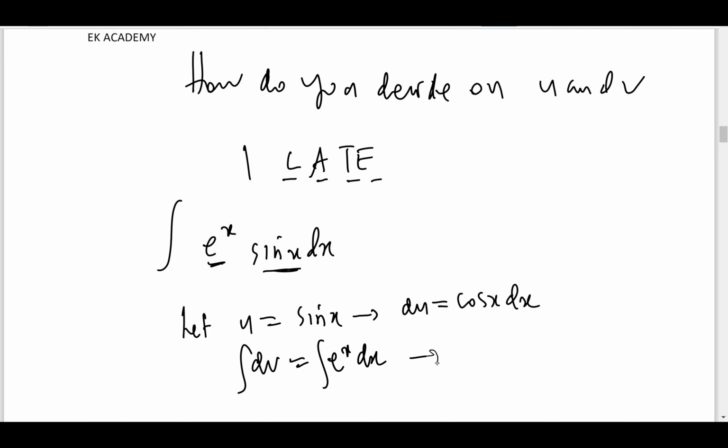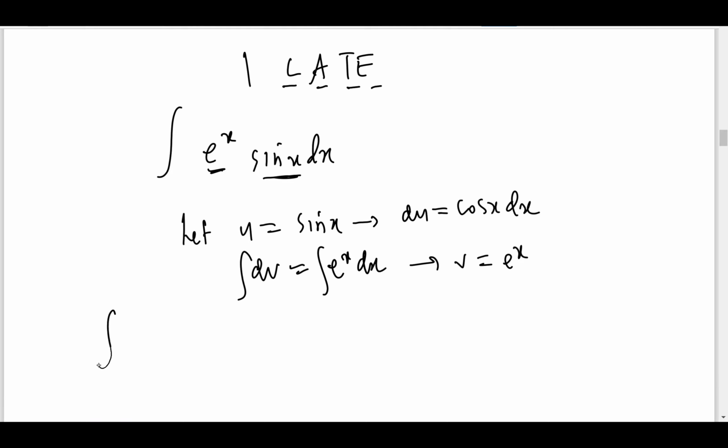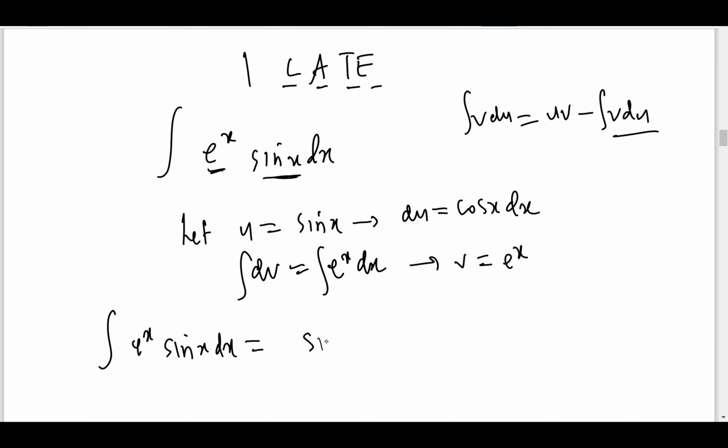You integrate, v will be e^x. Now for the integral of e^x sine x dx, you go to the formula: uv minus the integral of v du. So here u is sine x, v is e^x, minus the integral of v, our v is e^x, du is cosine x dx.